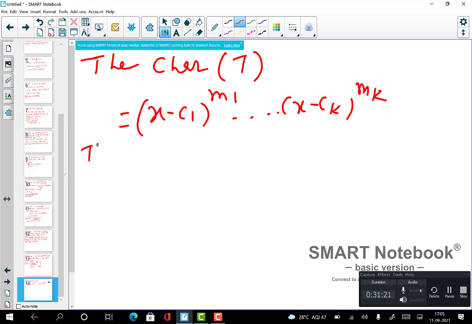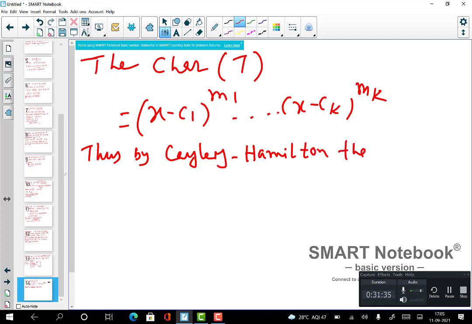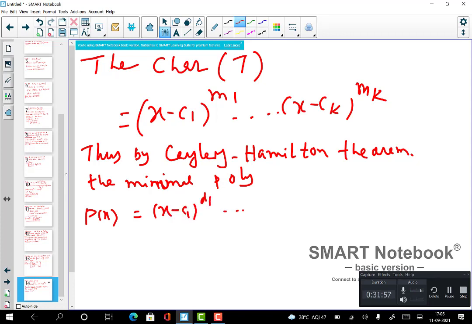So thus, by the Cayley-Hamilton theorem, the minimal polynomial will be of the form of some divisor, so it will be (x minus c1) to the power d1 up to (x minus ck) to the power dk.